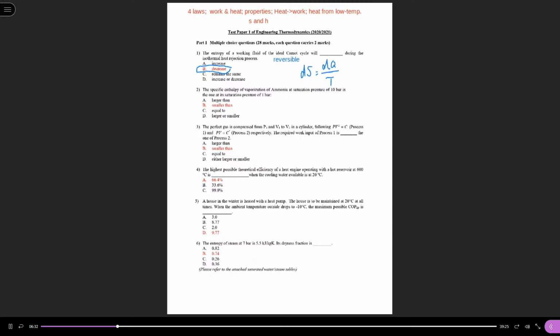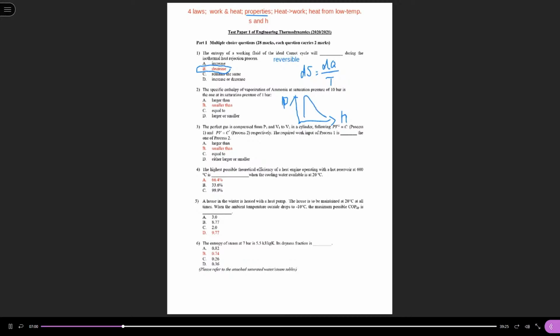For the second question, the specific enthalpy of vaporization, this is regarding the properties. On the pressure-enthalpy diagram, there is a saturation line.